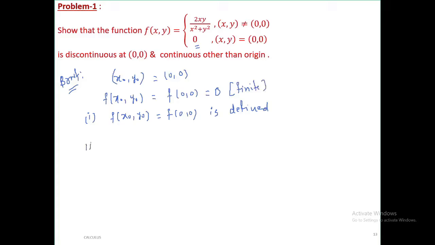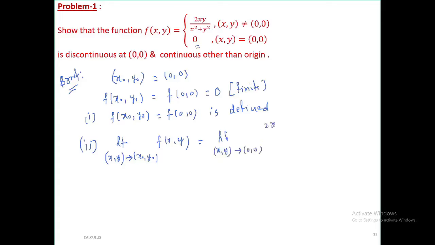Next, what is the second point? I need to compute the limit. So the limit as x comma y reaches the origin 0, 0, and what is f of x comma y?